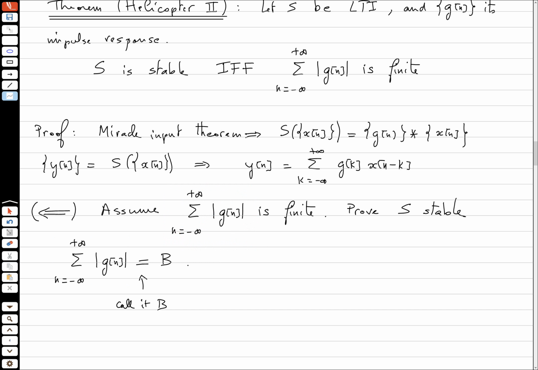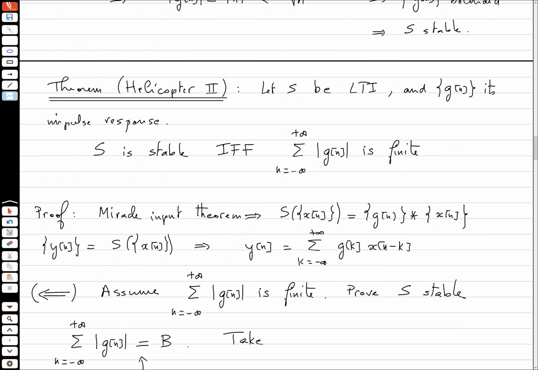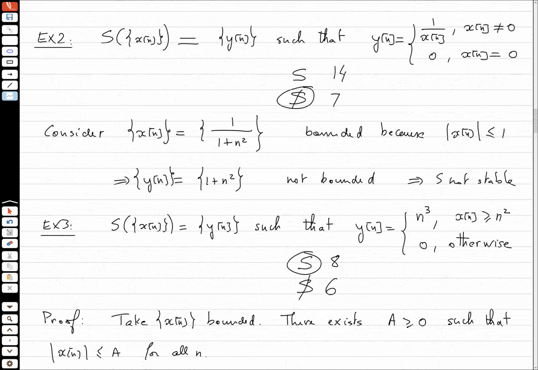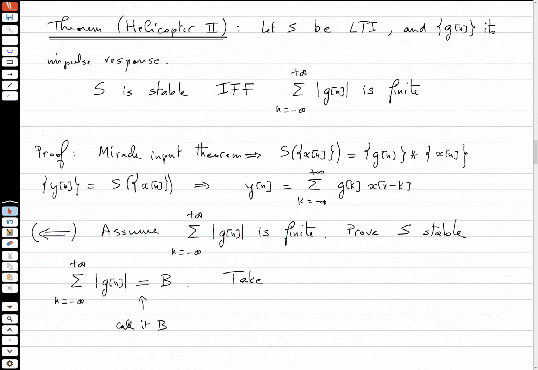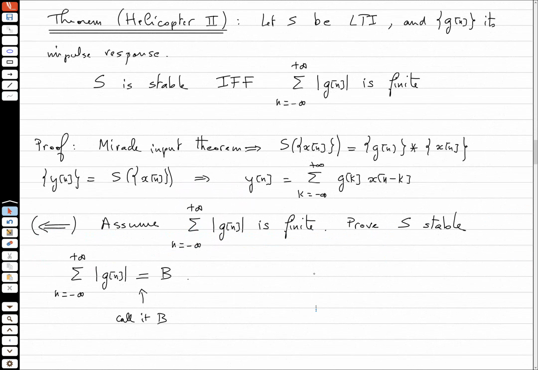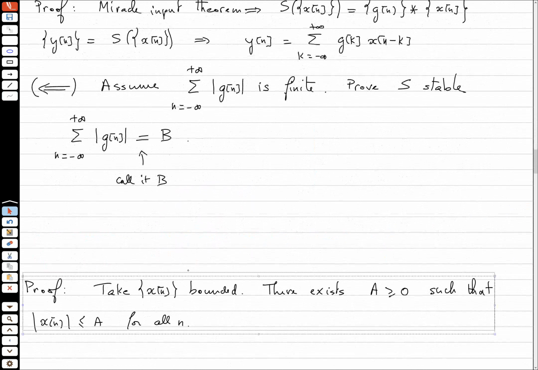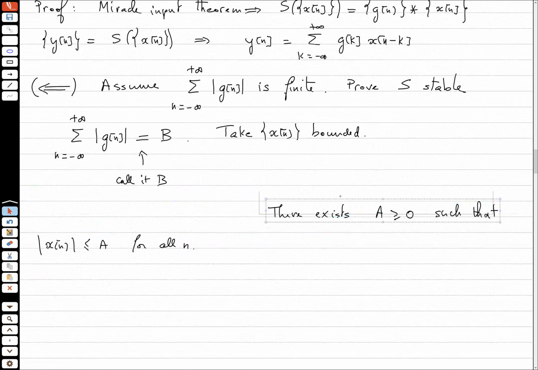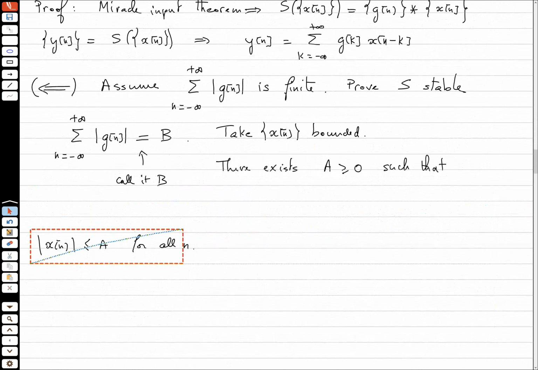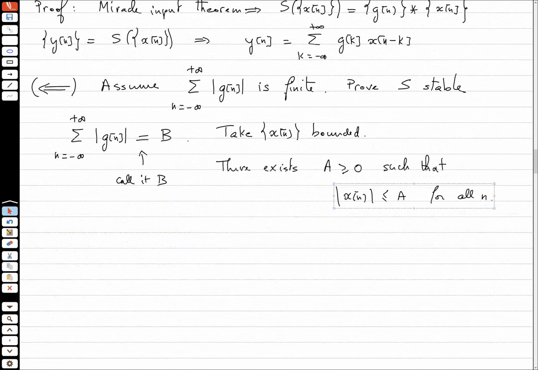Now, take x of n bounded. So again, take x of n bounded, then there exists A such that this is less than A for all n.